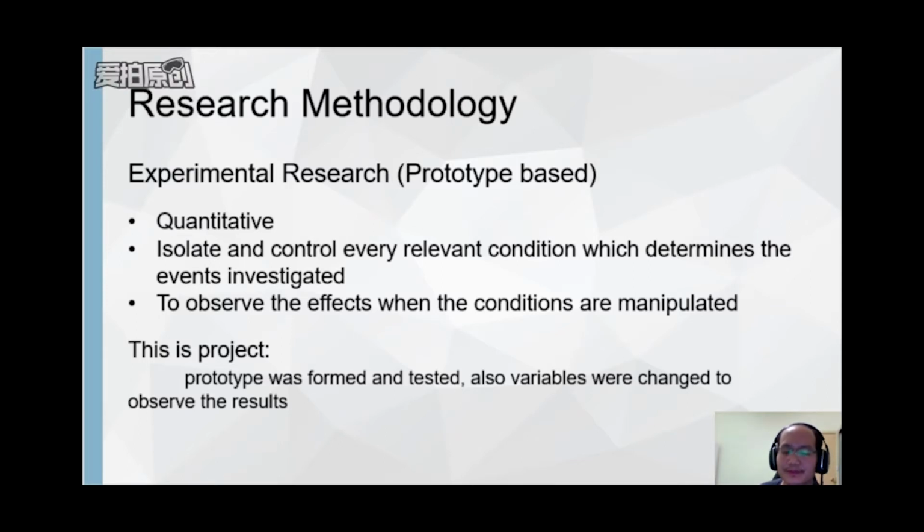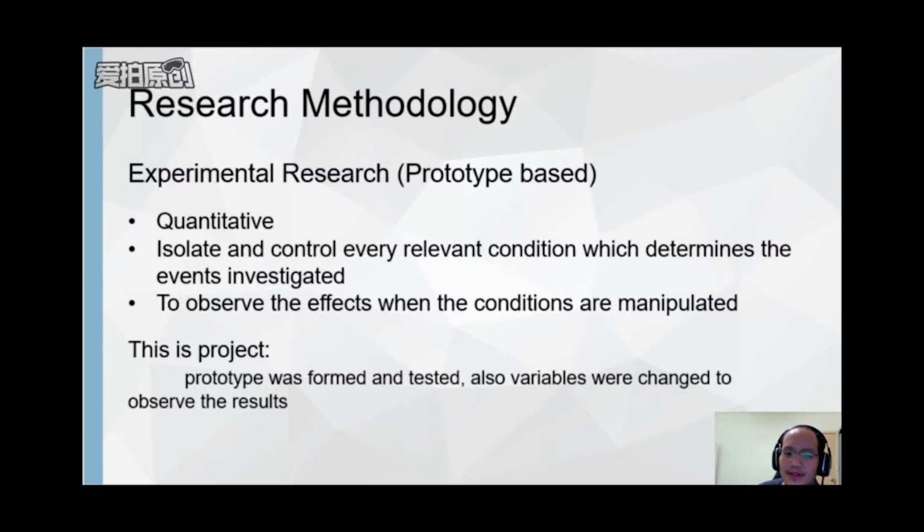In this project, once we formed the prototype, it was formed based on the training data sets of pictures, and then tested with another set of pictures. We name it testing.